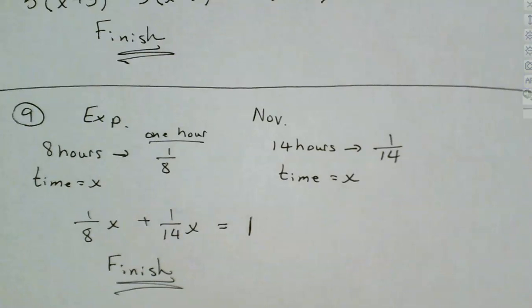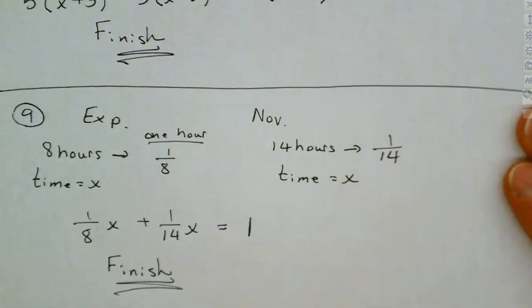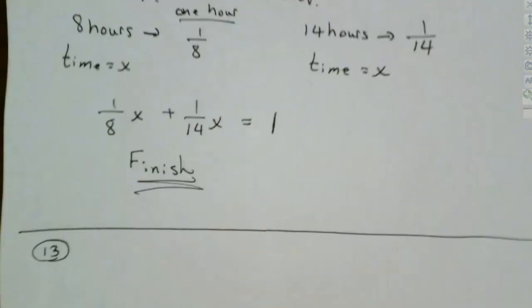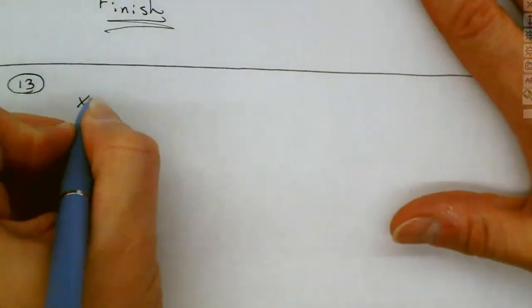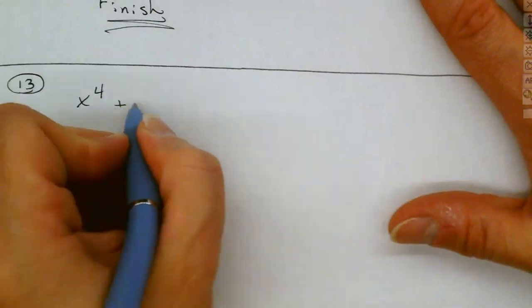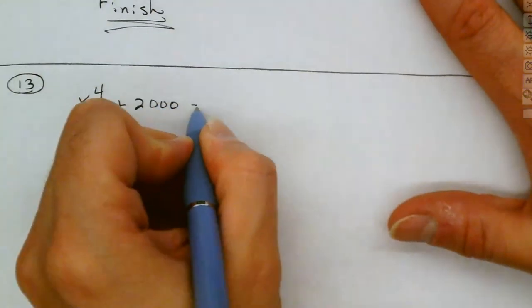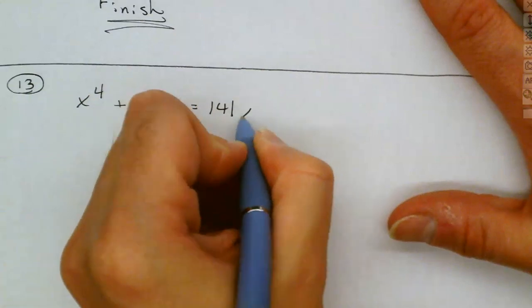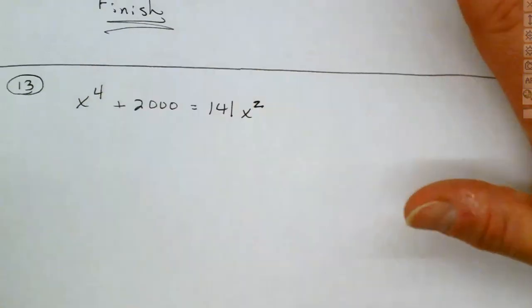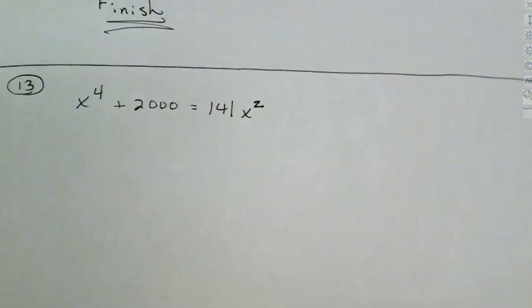Two more. So 13 and 14 are next here. So 13. Let's see how we would approach 13. Okay, so what's the general idea here?